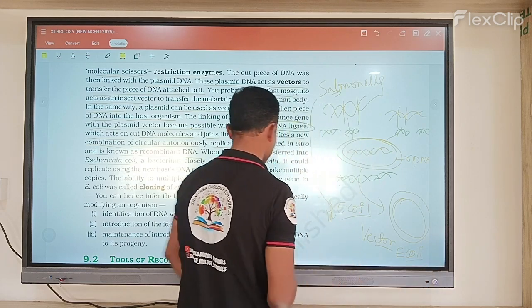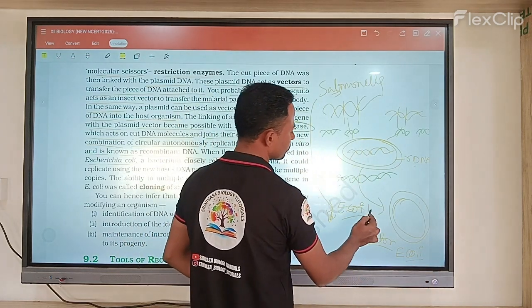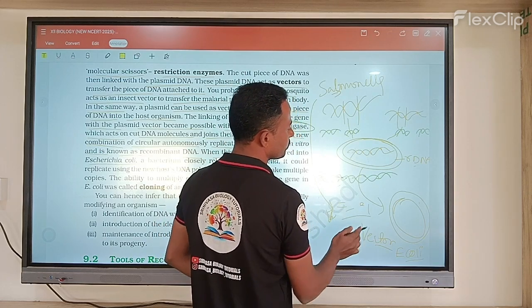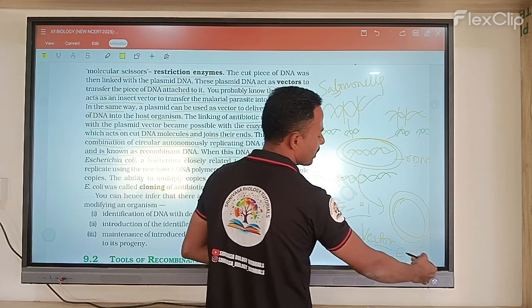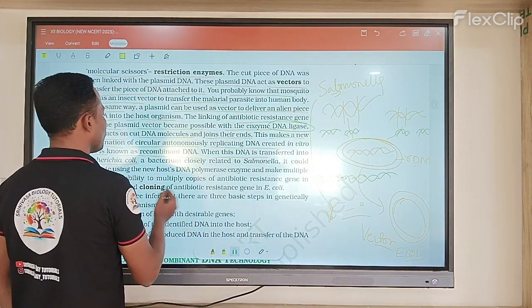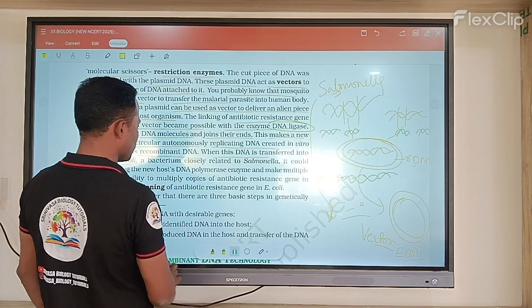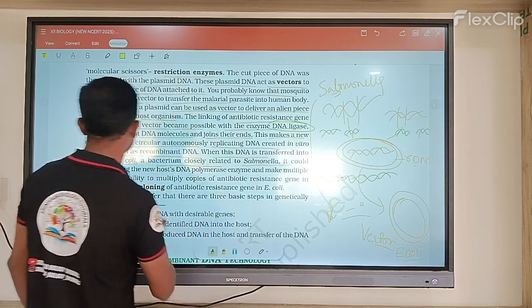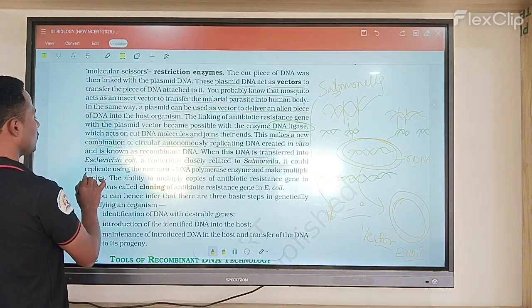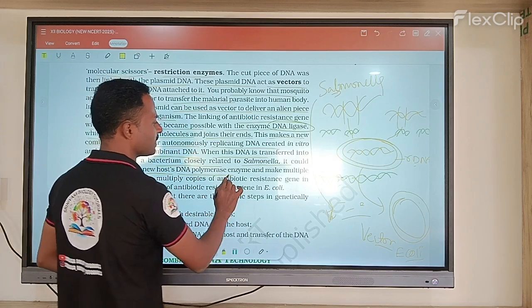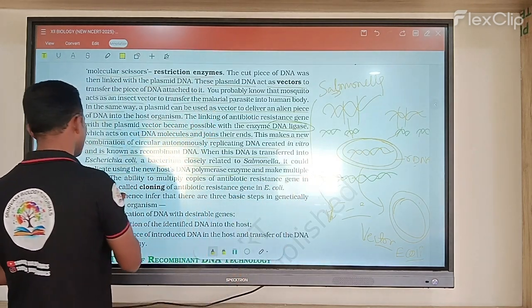In this E. coli the Salmonella DNA gets transferred into the E. coli cell. Here what happened? The bacterium is closely related to Salmonella, so it could replicate using the new host DNA polymerase enzymes and make multiple copies.